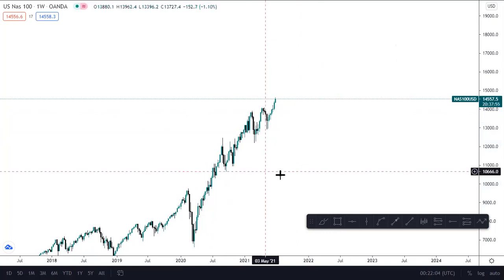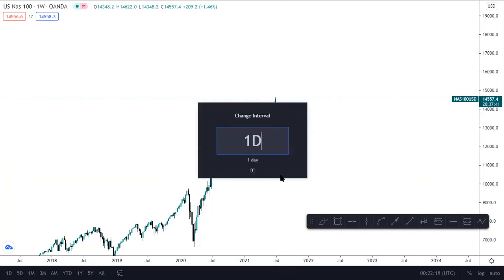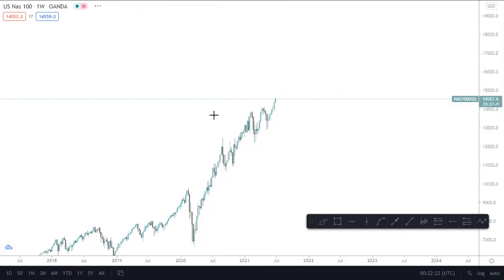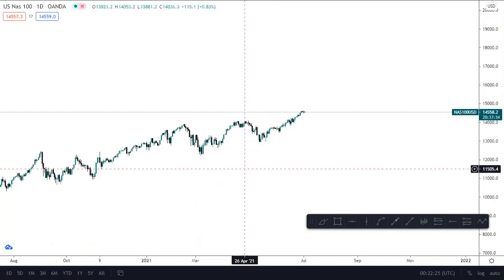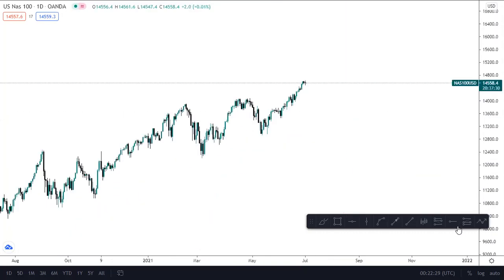Okay, so now let's dive to the daily chart. Remember, this is how you analyze it according to the way I do it. On the daily chart, let's mark this one.